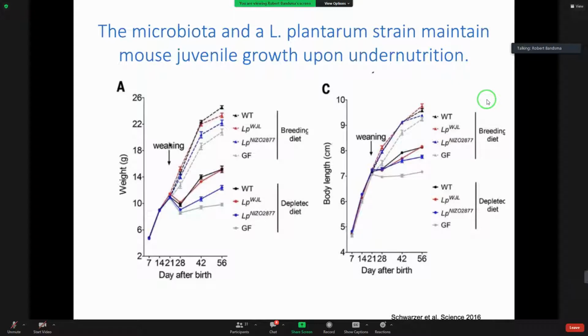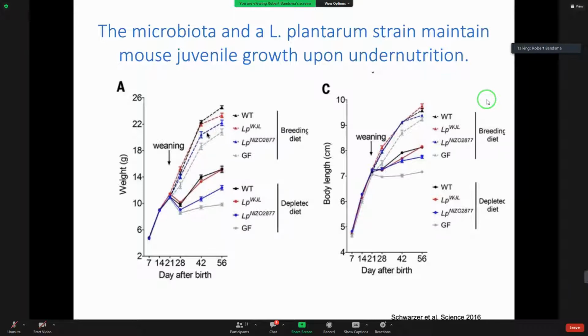This is a rather complicated slide. The top here is just a wild type healthy mouse fed a healthy diet. And then below that you have a group of mice that received the same healthy diet, but with this Lactobacillus plantarum.